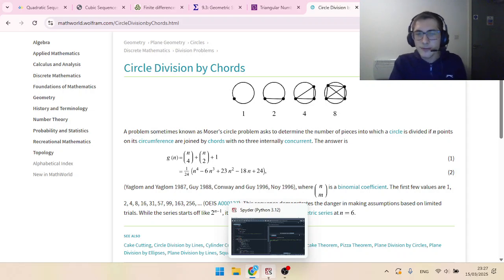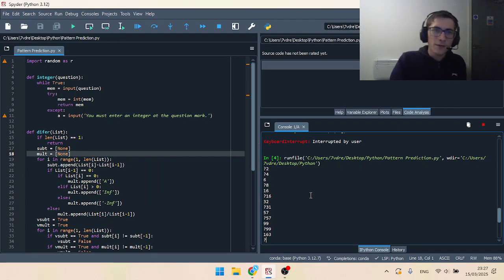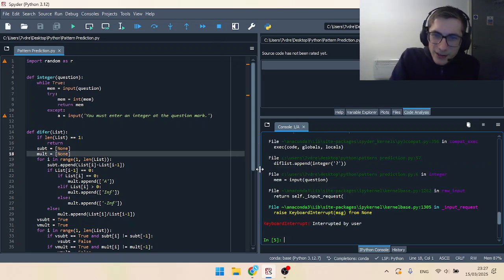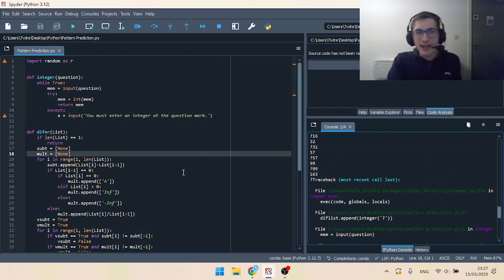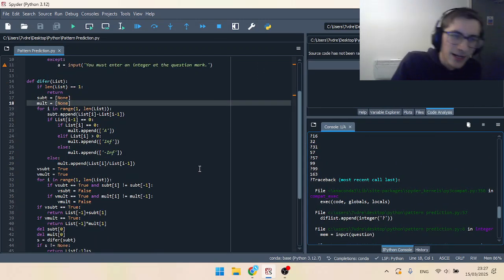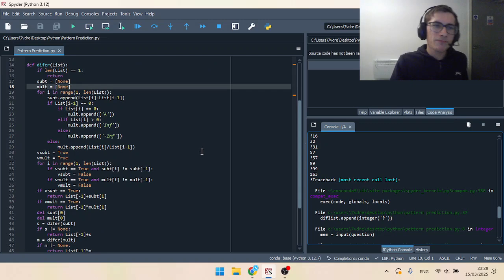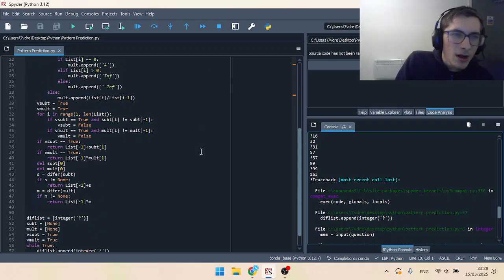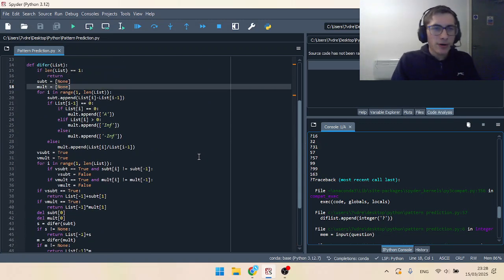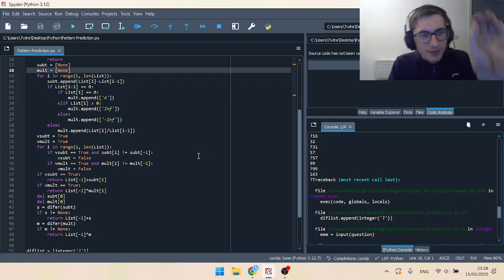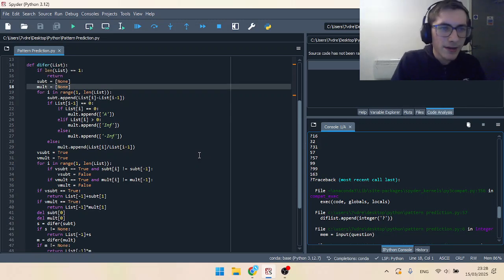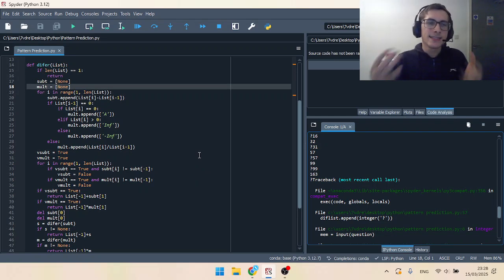My program works for those sorts of patterns. Now, let's have a look at the code one more time, and let's try to make a conclusion. So the way my program works, it's recursive, and it looks at the differences.